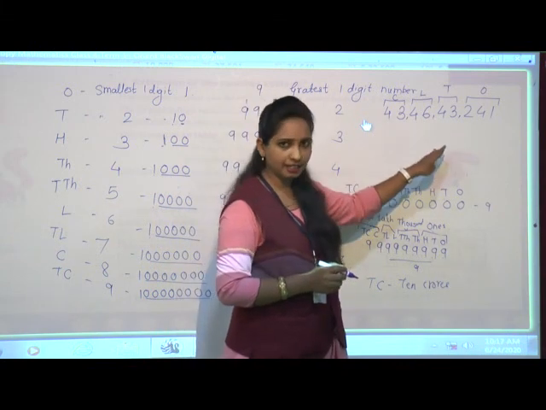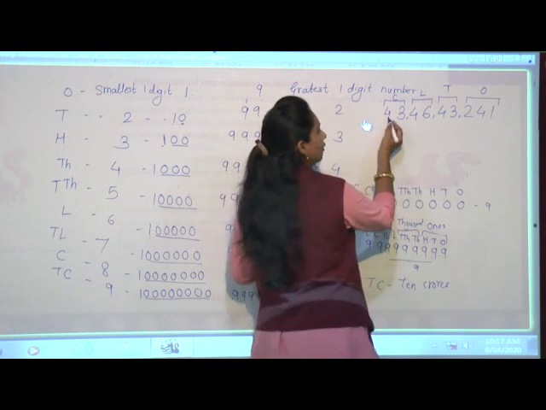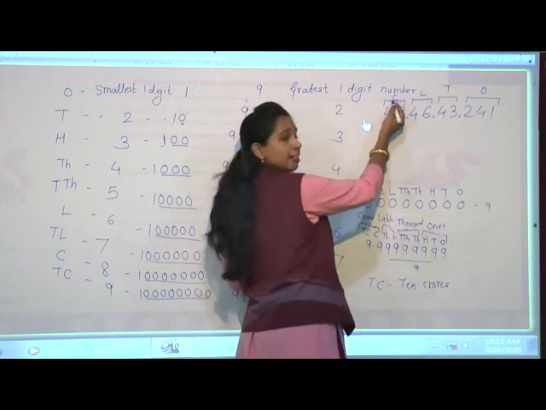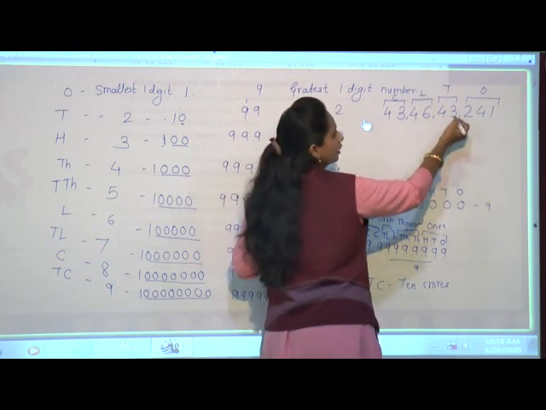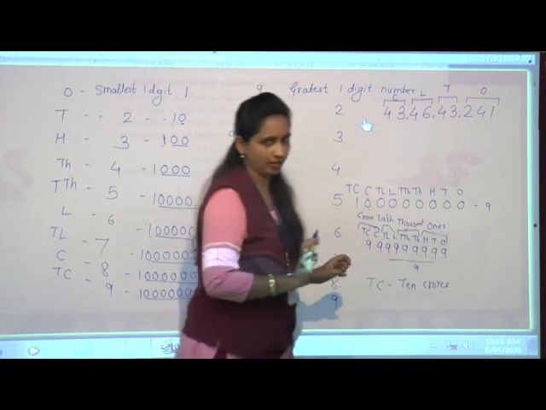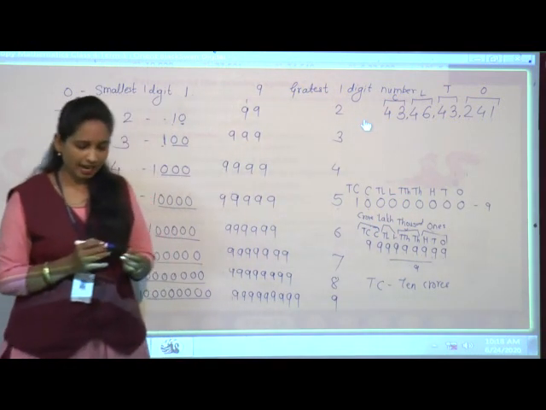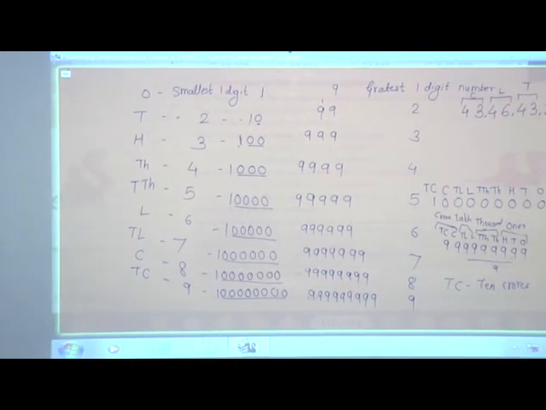We write in the Indian system in this way. So how to read now? 43 crore, 46 lakhs, 43,241. Understood? I hope the concept is clear about the number system.